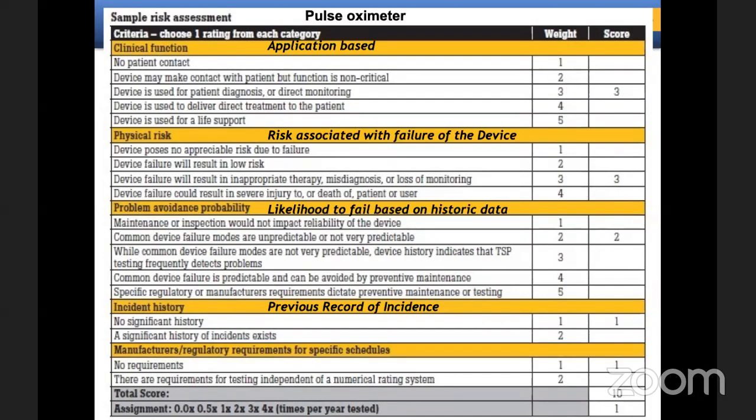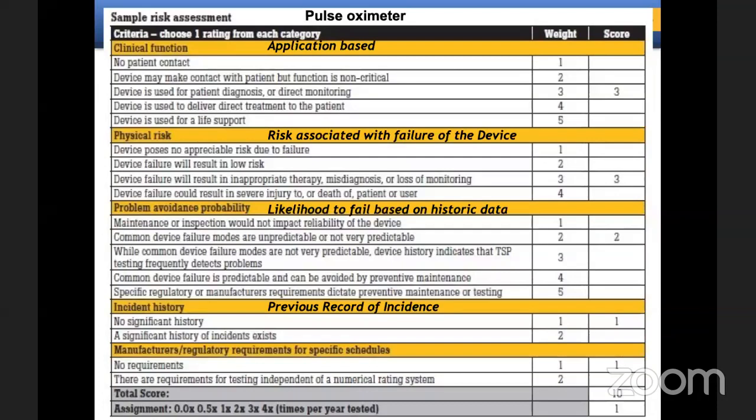You are going to lose only the monitoring site. I can use another machine in place of that. Physical risk: device failure will result in inappropriate therapy, misdiagnosis, and loss of monitoring. If the machine fails, I will not get any monitoring. So the scoring is 3.